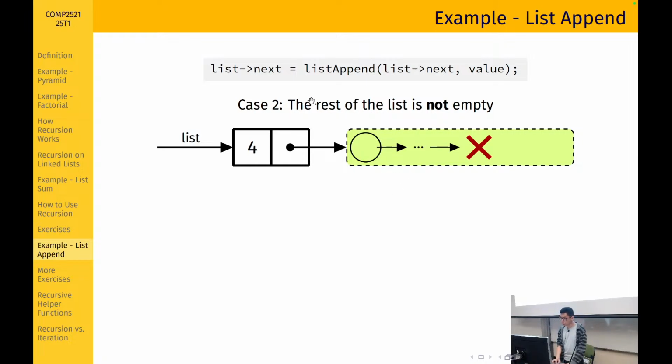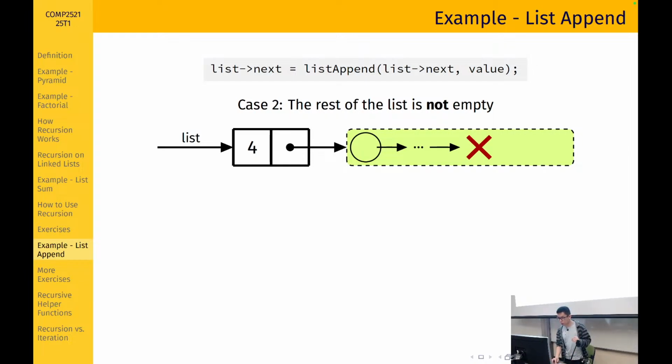Remember that when we call a recursive function, we assume that the function works. So when we call list append, we assume that the value gets added to the end of the list. In case 2 here, the rest of the list is not empty, so it has at least one node.